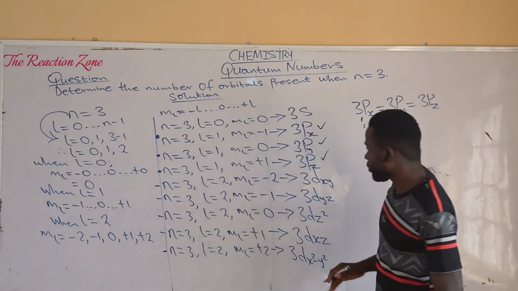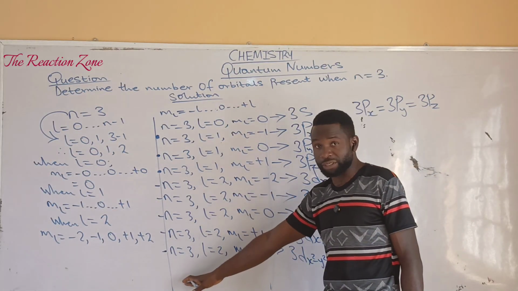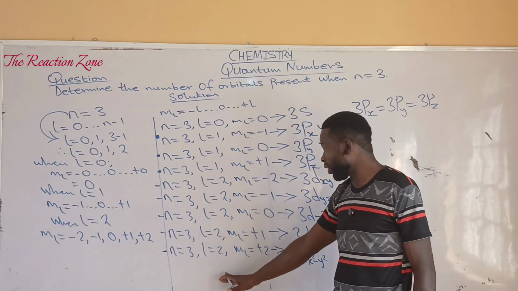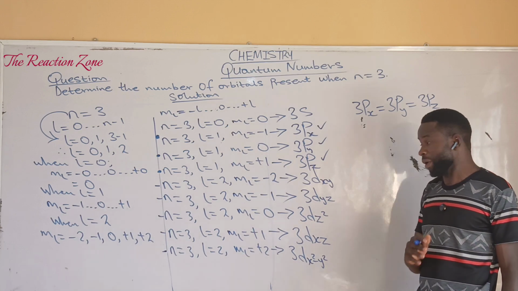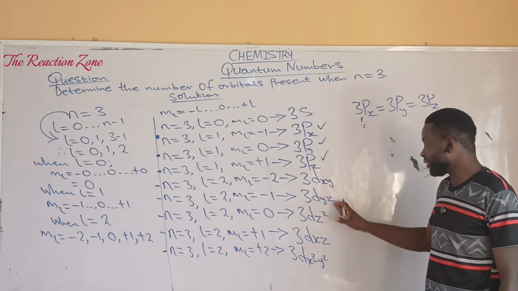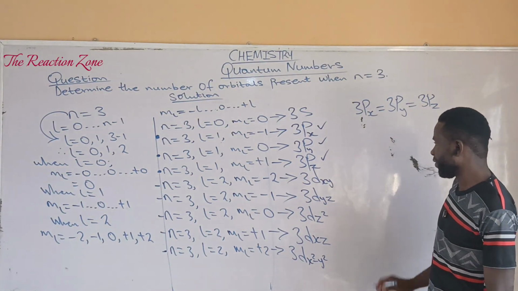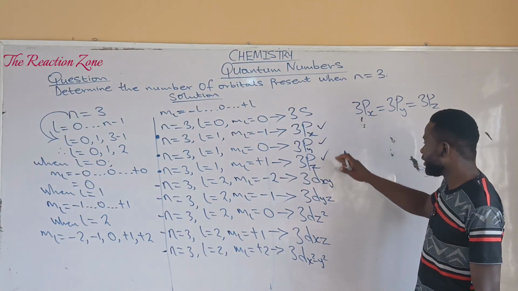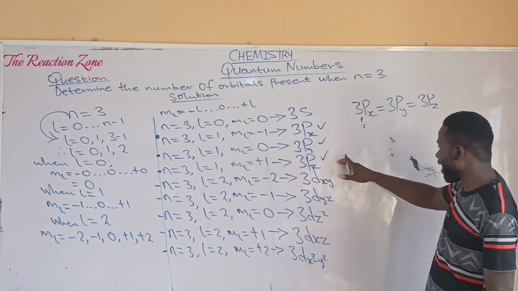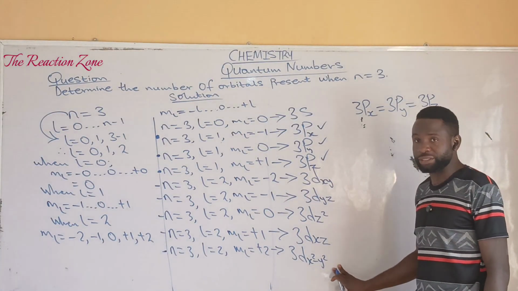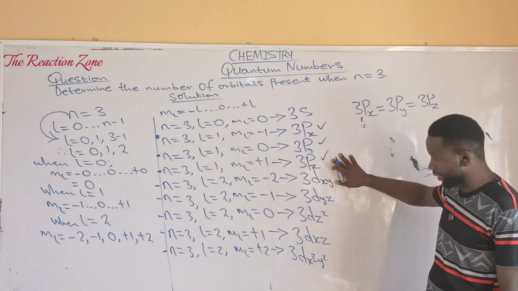When we look at the d orbitals, we also discover that the d orbitals here have the same values of principal quantum numbers as well as azimuthal quantum numbers. That tells you that these d orbitals here have equal energy as well. They are also degenerate. However, unlike the p orbitals, the d orbitals are five-fold degenerate, meaning that there are 5 d orbitals that have equal energy, in contrast to 3 p orbitals that have equal energy.